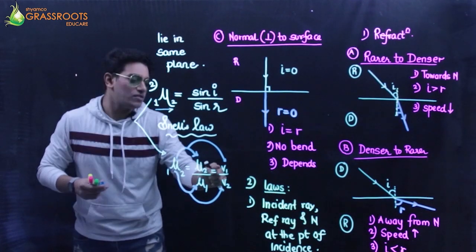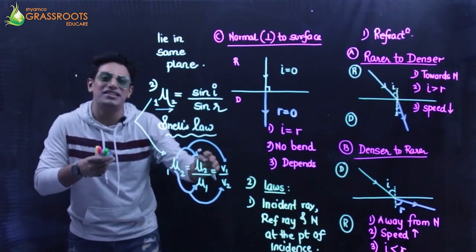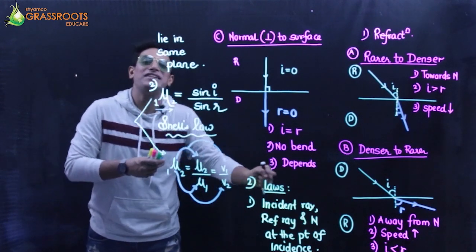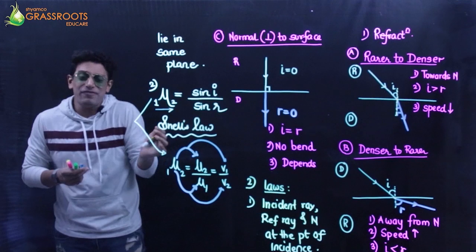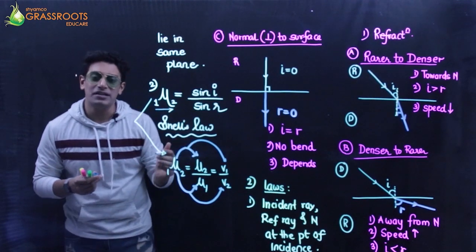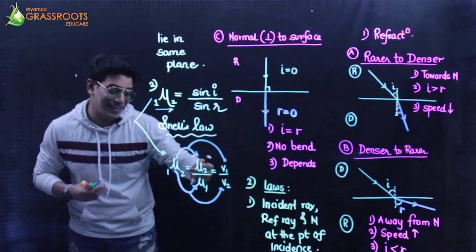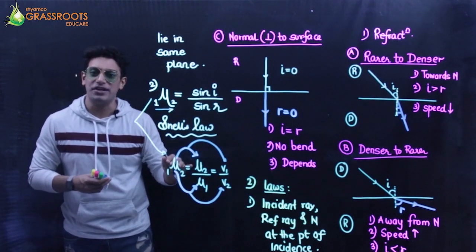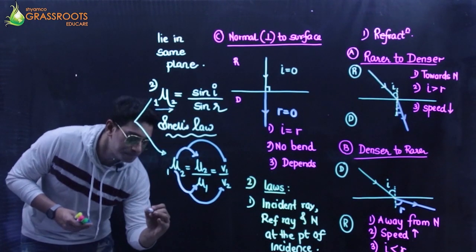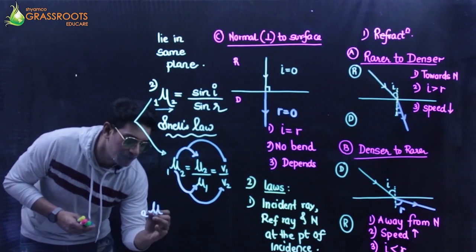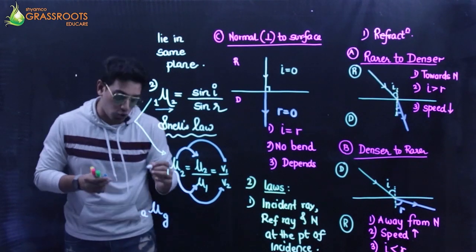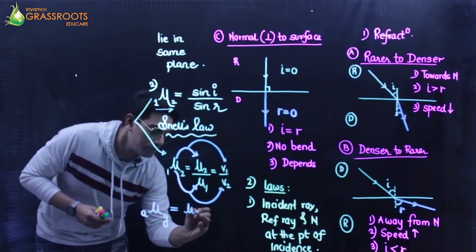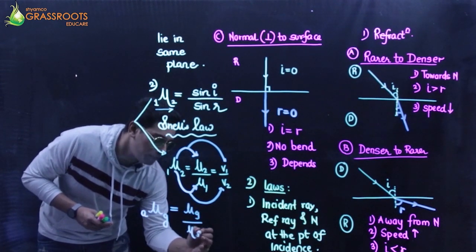Mu 1, 2 is velocity of light in the first medium upon velocity of light in the second medium. So if I'm talking about a formula in terms of mu, it's reversed, but in terms of velocity, it is straight. Let me give you another example. The ray of light is coming from air to glass. So air to glass, the formula will be mu of glass upon mu of air.